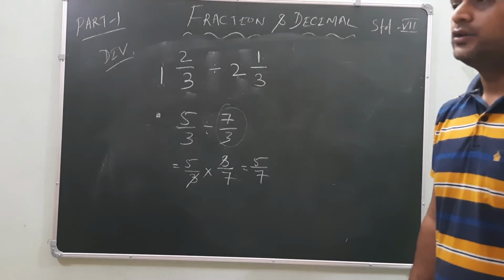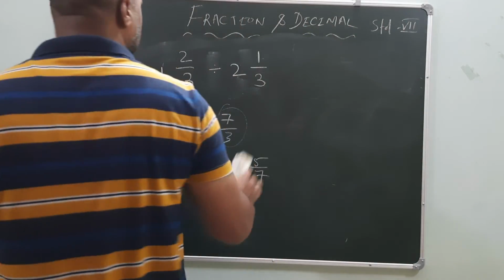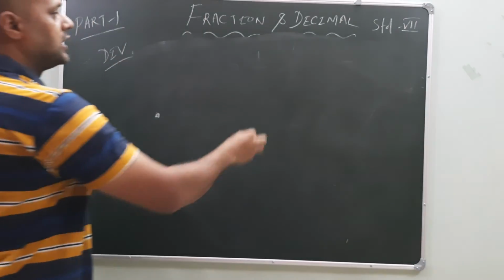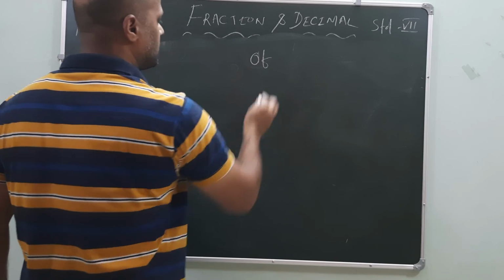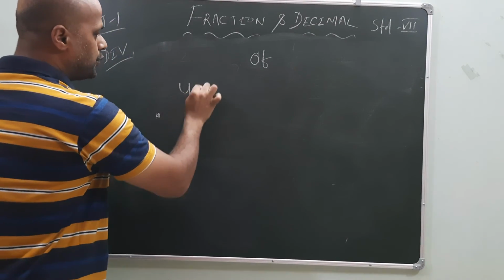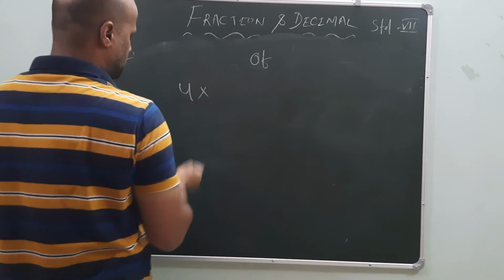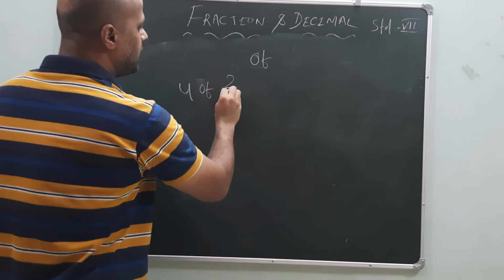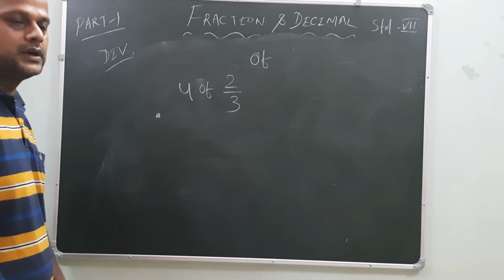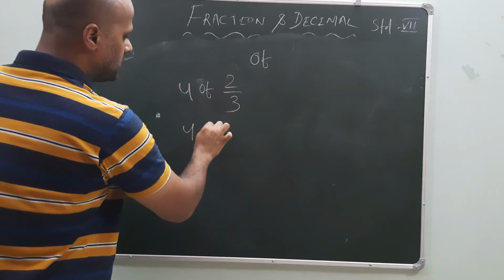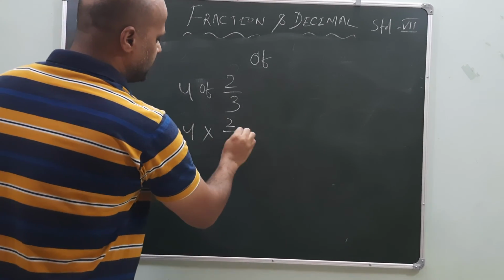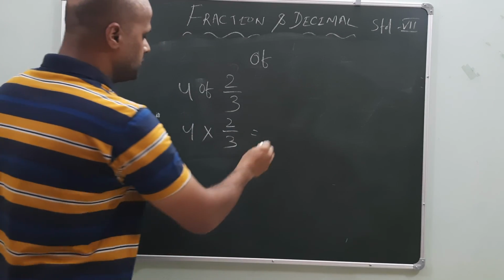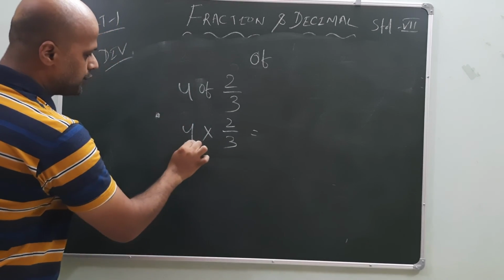Now some important points are given here, some words and some terms. 4 of 2 by 3. Of, in mathematical terms, is nothing but into: 4 into 2 by 3. How much will it come? 4 means 4 divided by 1.